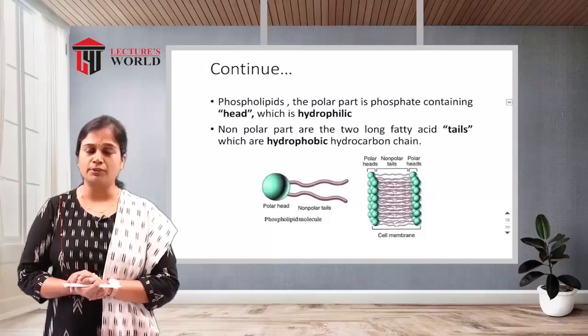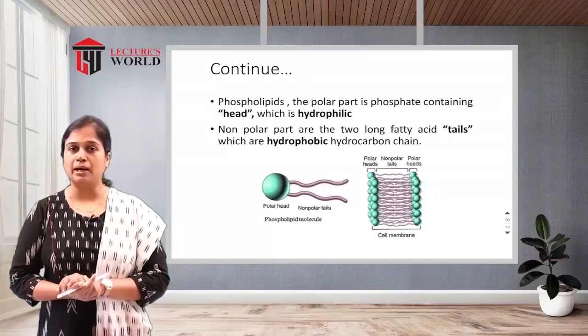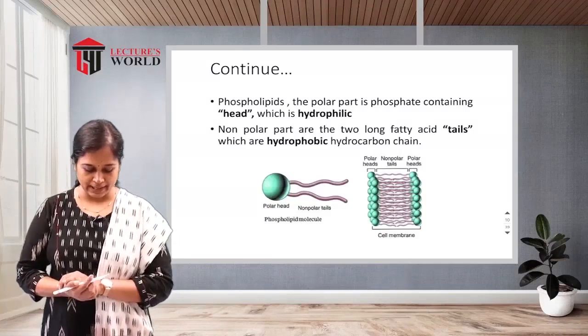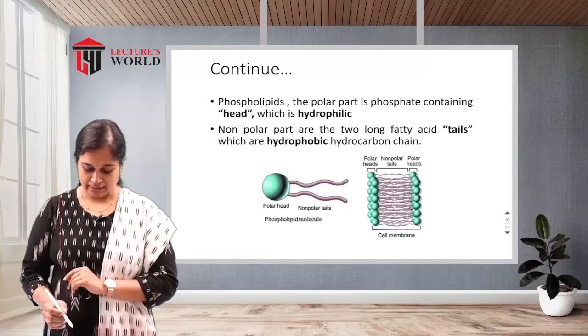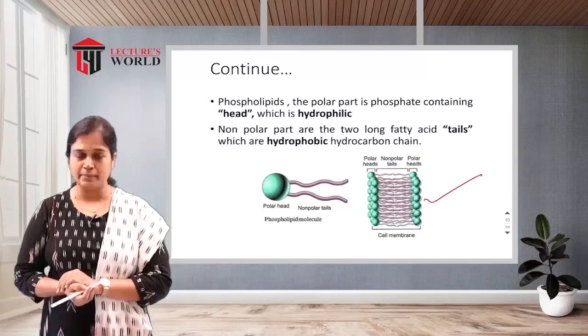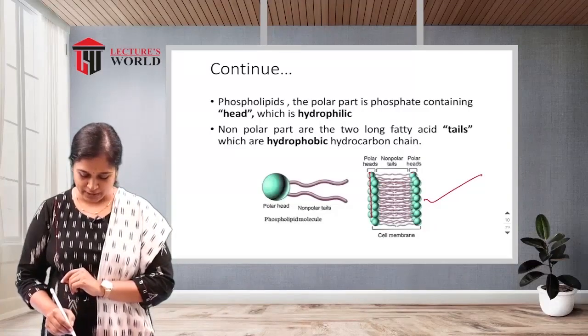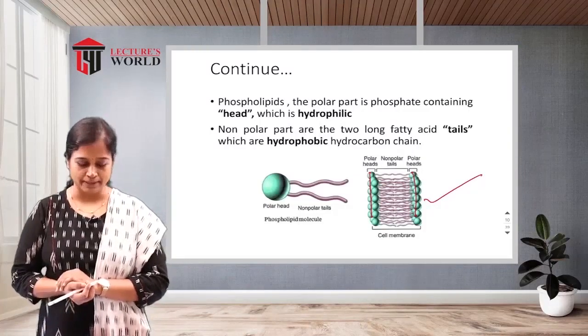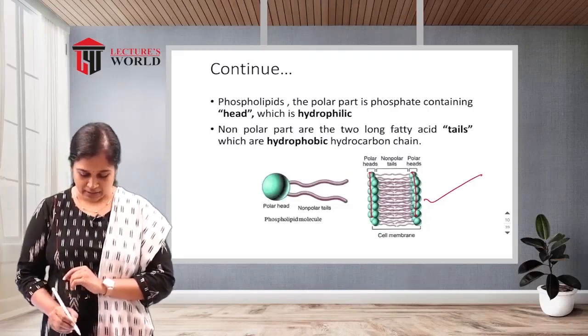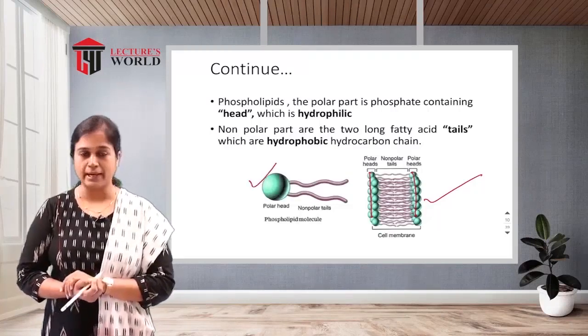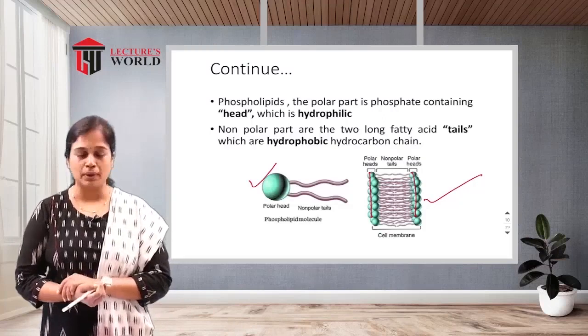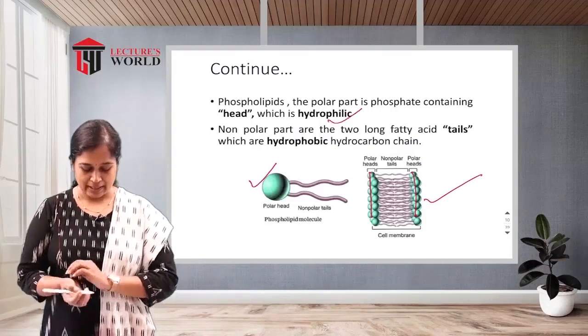Now talking about the phospholipids, the polar part is the phosphate containing head. We saw this is the layer. This is the lipid bilayer. There are two layers of lipid, that's why it is called a lipid bilayer. Now this round portion is called the head, and it is a polar part which is hydrophilic.